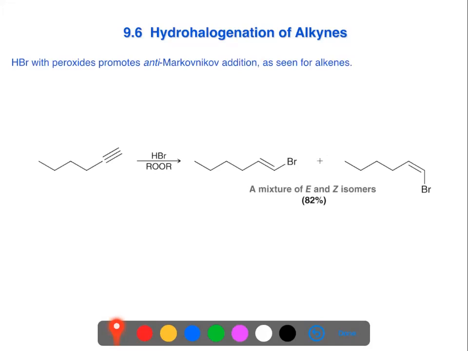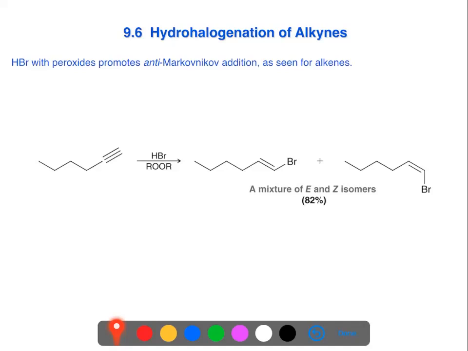Similar to what we saw for hydrohalogenation of alkenes, we can also regioselectively hydrohalogenate an alkyne. So if we add an alkyl peroxide in the presence of our hydrogen halide, we will observe anti-Markovnikov addition. And as you can see in this example, again, the terminal alkyne is reacting with the hydrogen halide in the presence of the alkyl peroxide.